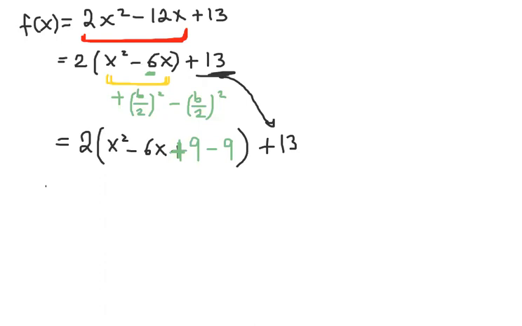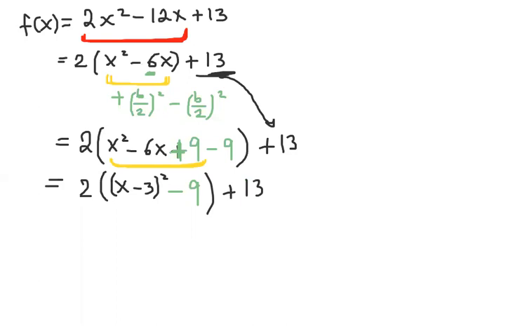So again, we do the completing the square for this one. I mean, we factor this one. How do we factor it? It's 2 times (x minus 3), everything squared, and the leftover minus 9 goes down again, plus 13. Now we distribute the 2 over both terms.